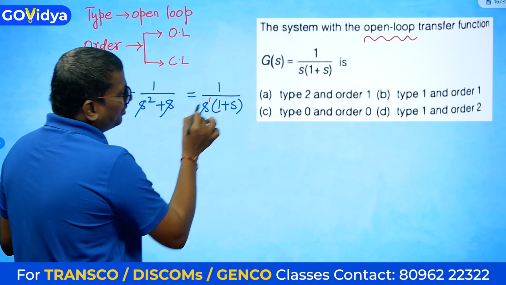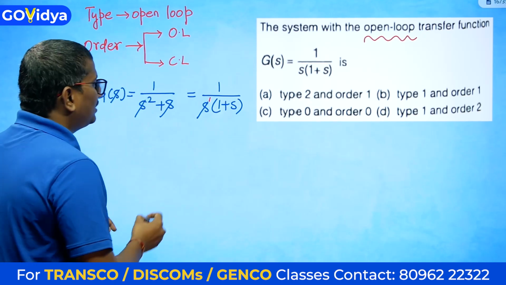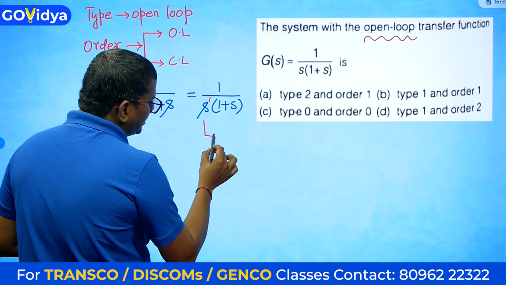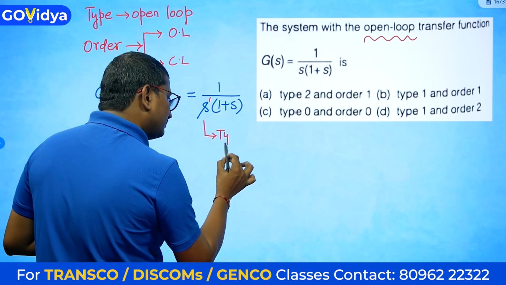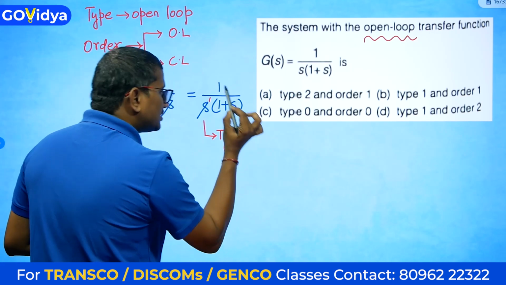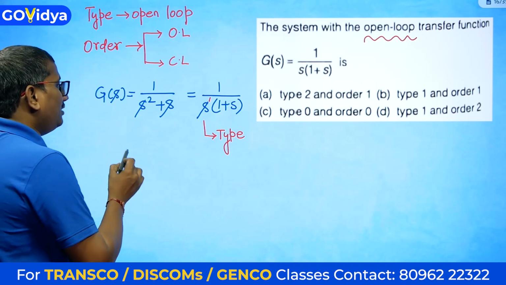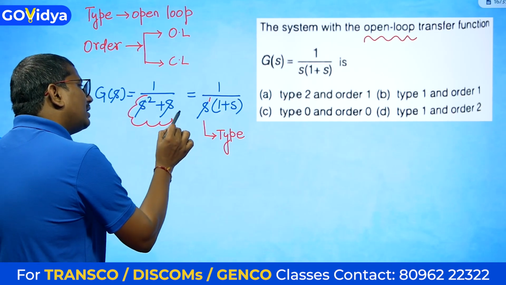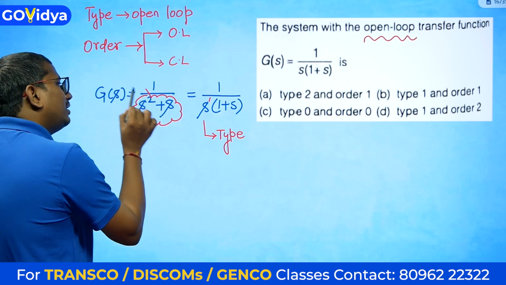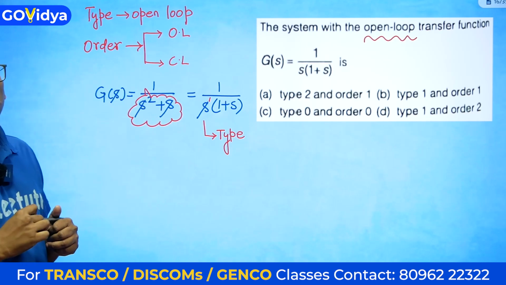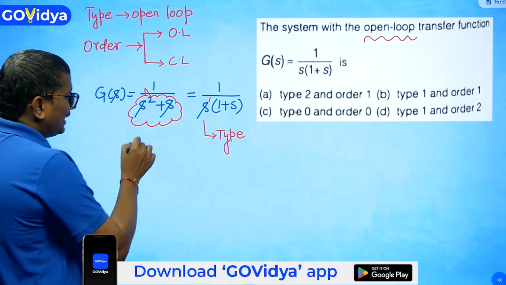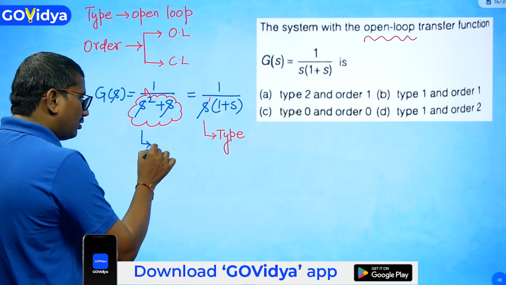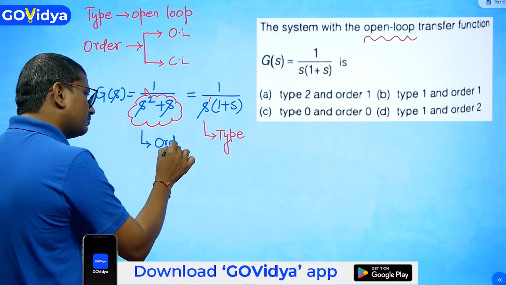This is S to the power of 1, which indicates the type of the system. And the highest degree of the polynomial in the denominator of a transfer function will be called the order of the system.